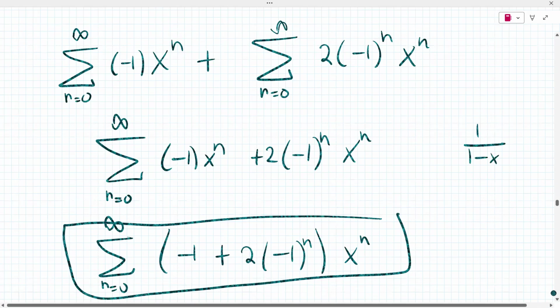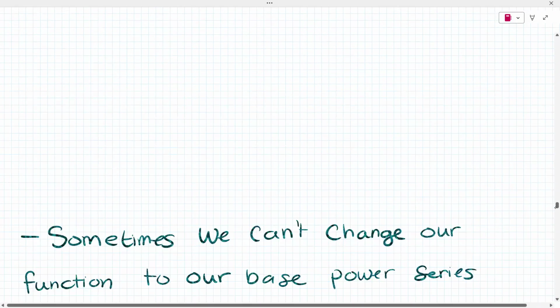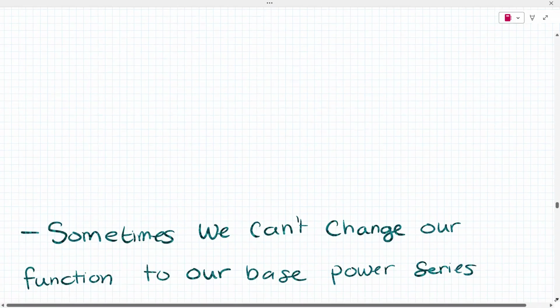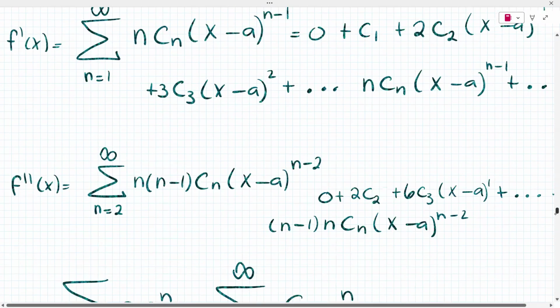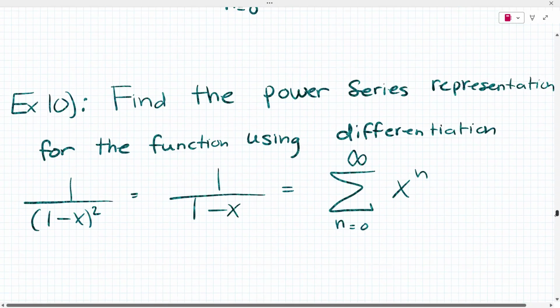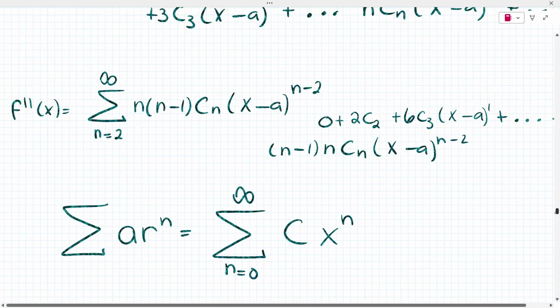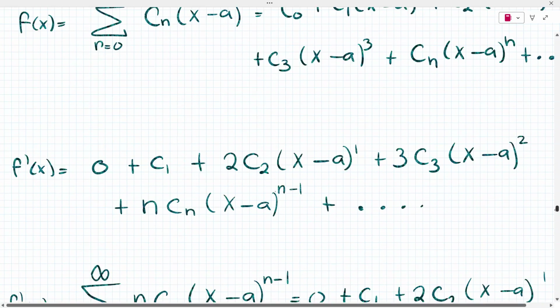And if the numerator was not a monomial and if the denominator was not a binomial, you had to use partial fractions, right? Sometimes it won't be that easy, so then you would have to use differentiation or integration.